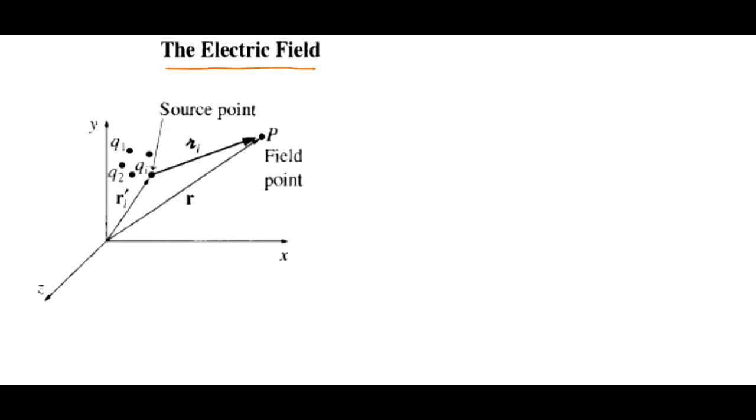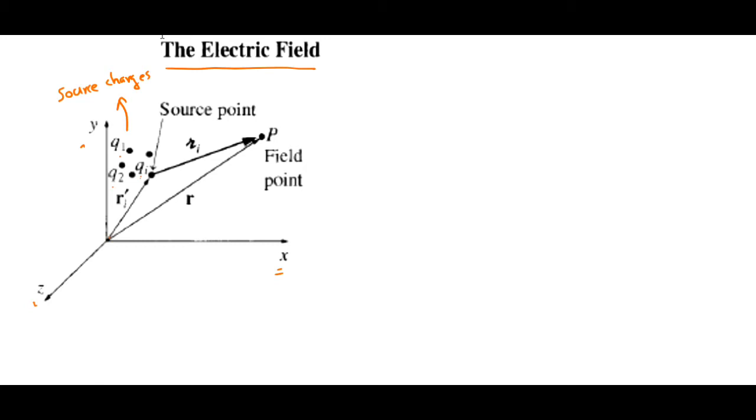Okay, see this picture. Here we have the XYZ coordinate system. We have a large number of charges. That is, these are the source charges, that is Q1, Q2, Q3, etc., Qi.